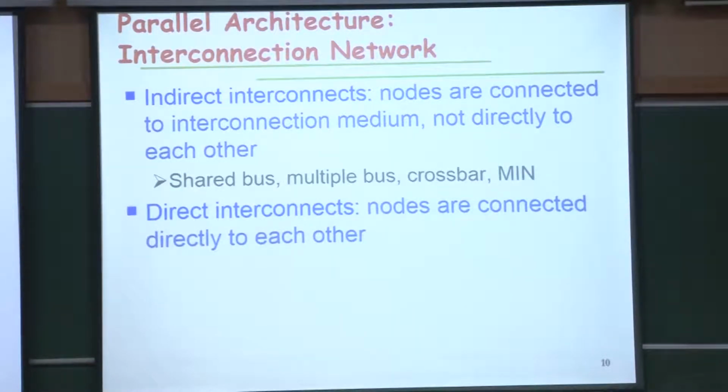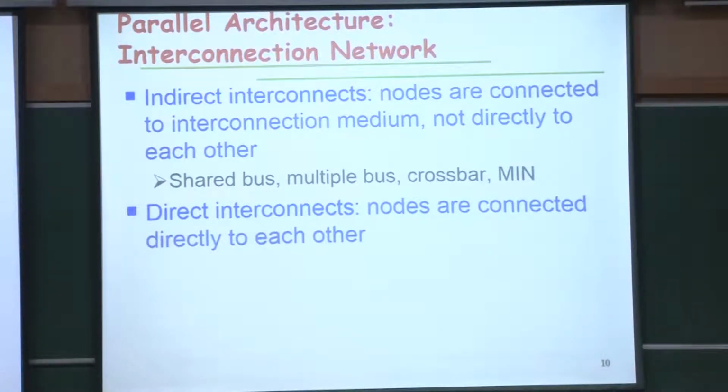For example, if I have a shared bus, or a crossbar network, or a multi-stage interconnect network, and I connect nodes and memory through this interconnect media, then that is the case of indirect interconnects.